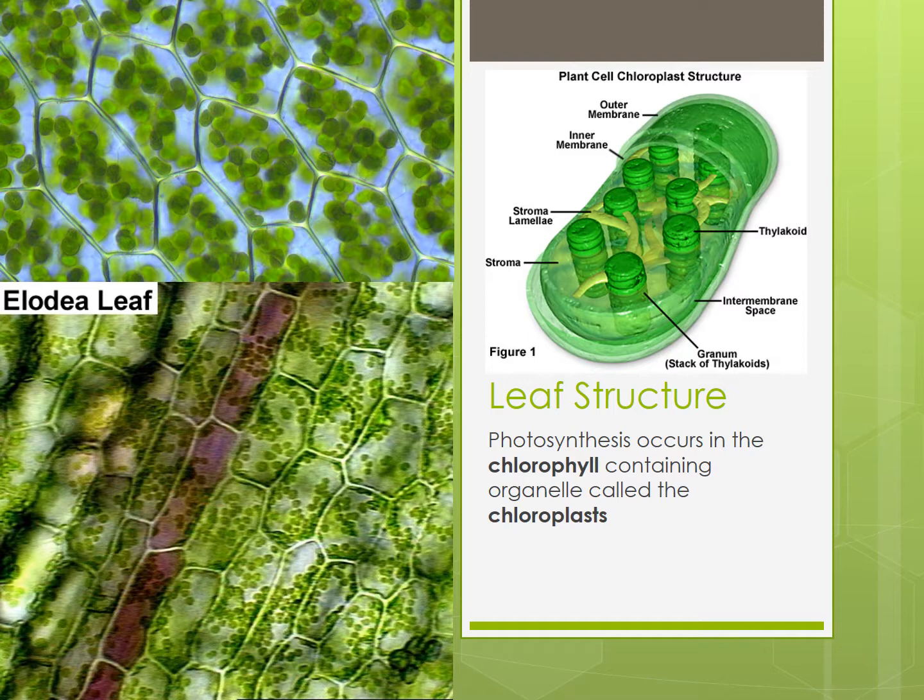In the mesophyll, you have cells. In the cells, what structure, what organelle is where photosynthesis occurs? The chloroplast. So in the cells, you've got the chloroplast. The chloroplast itself has structures within it.